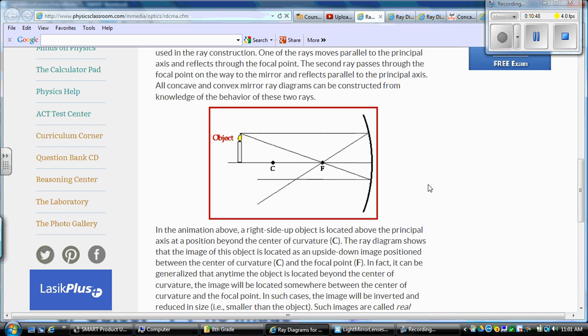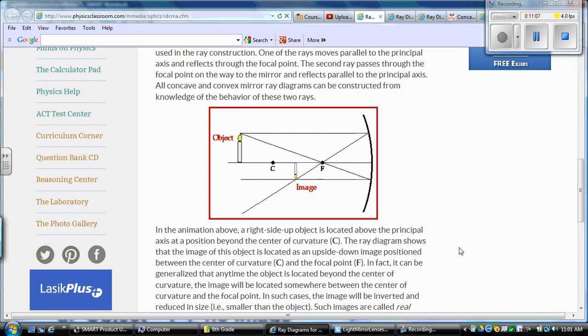So just like it's doing here, because this reflecting ray is the tip of the candle, that's why you draw the tip of the candle right here, because that's the reflecting ray. And then you draw the image going to the optical axis. And if you look, it's an upside down image and it's smaller.